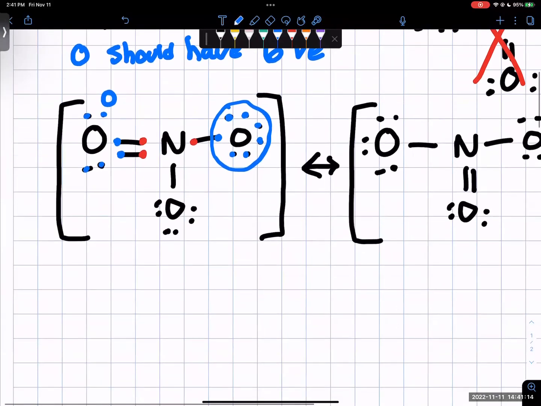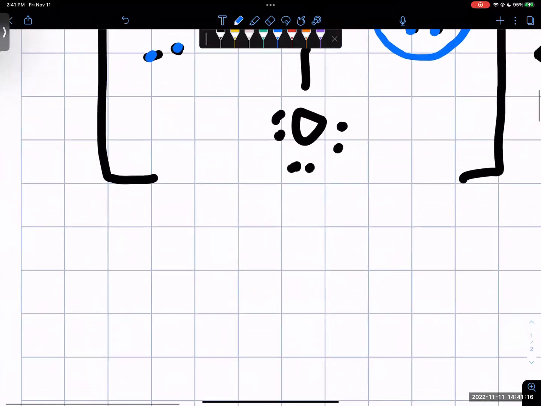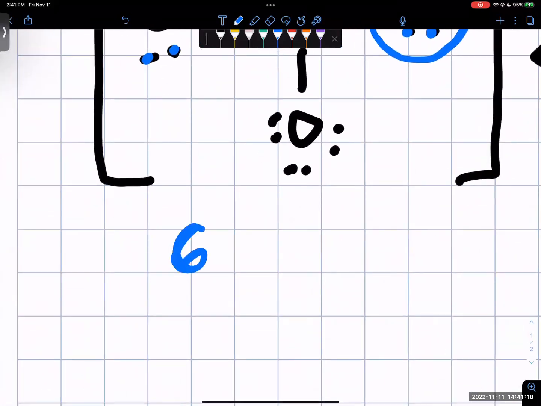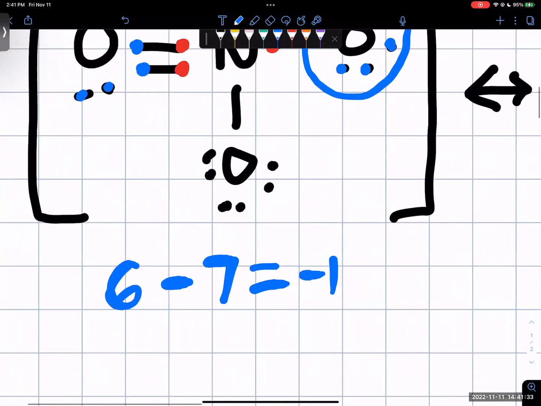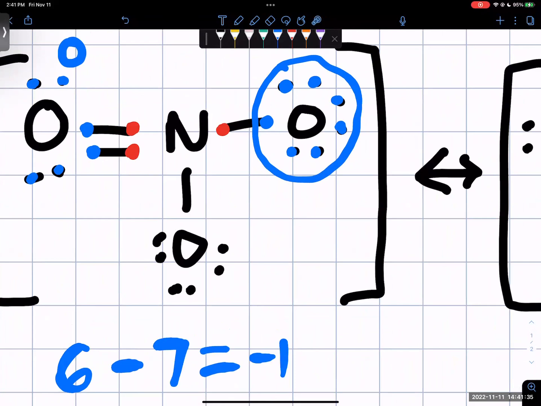So we know it's supposed to have 6. And in this case, it has 7, right? That's really thick marker. So 6 minus 7 gives a formal charge of not 0, -1.